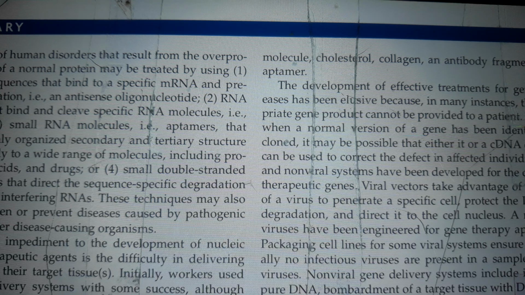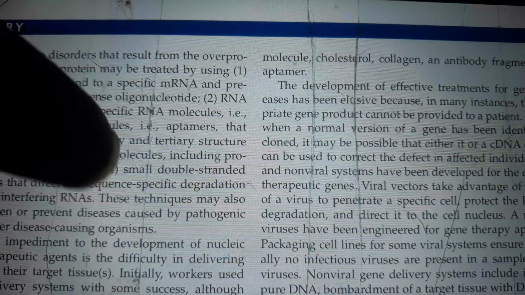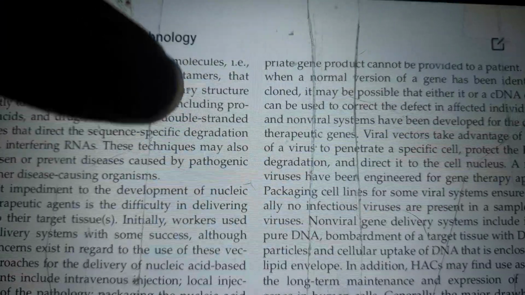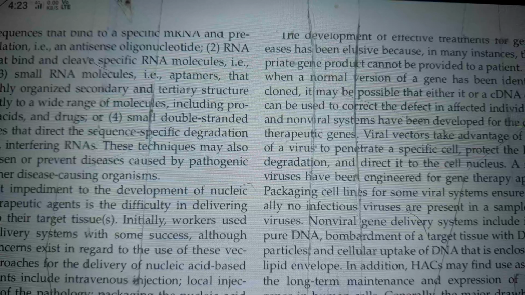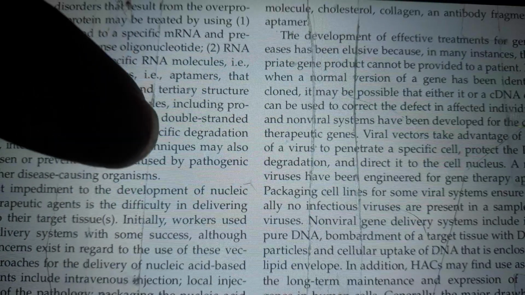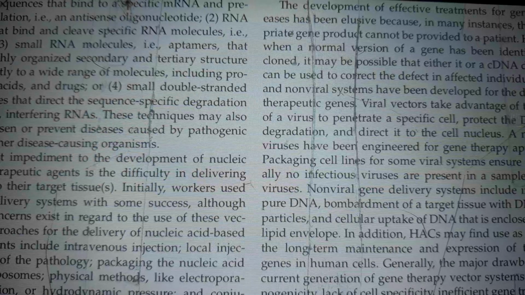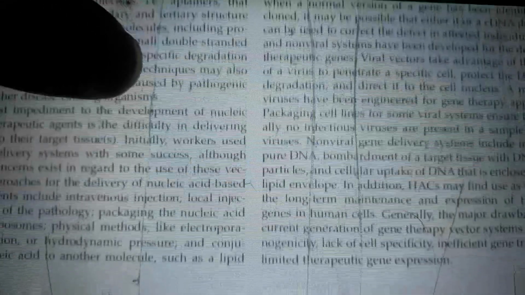The development of effective treatments for genetic diseases has been elusive because in many instances the appropriate gene product cannot be provided to a patient. However, when a normal version of a gene has been identified and cloned, it may be possible that either it or a cDNA derivative can be used to correct the defect in affected individuals.